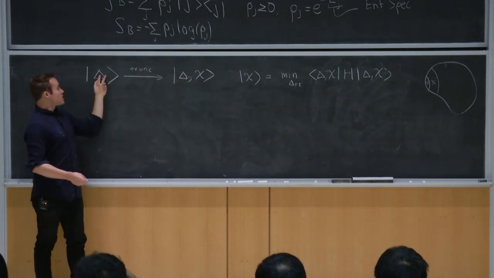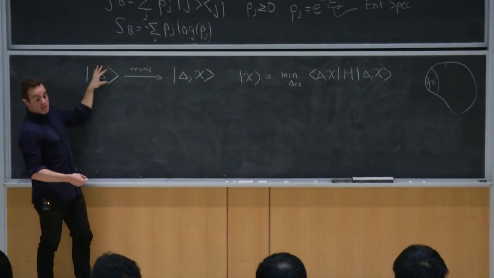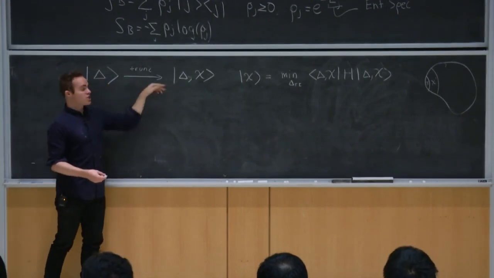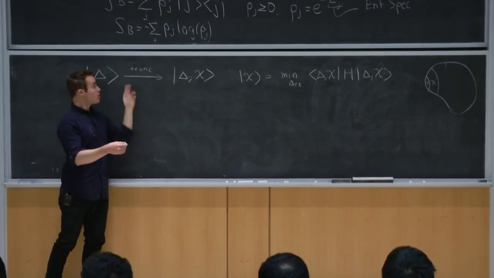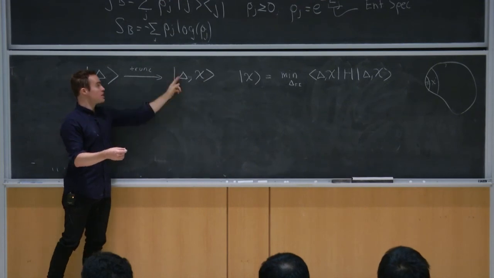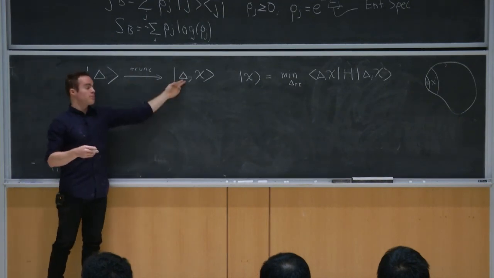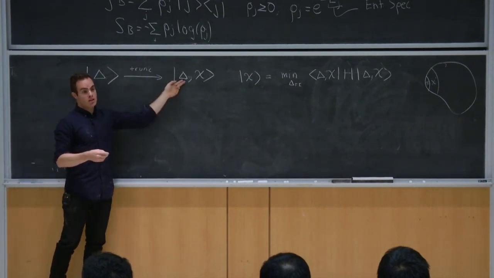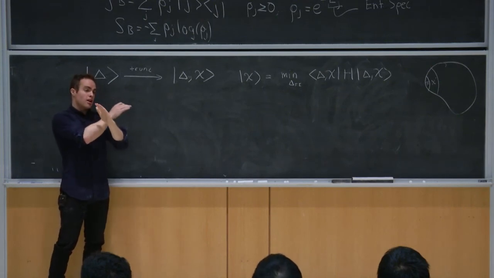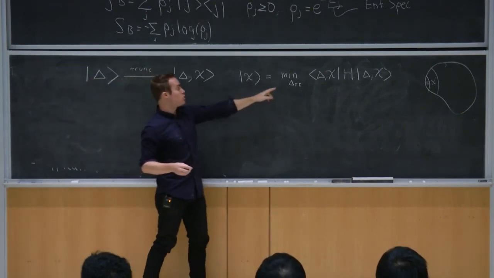If you have a state with a very small gap, the energy here is good, but the truncation becomes very severe, so you induce an energy error here. So there's a trade-off between a good starting point and the amount of damage you do by truncating it to a matrix product state.